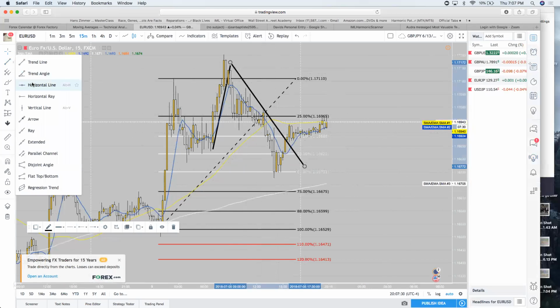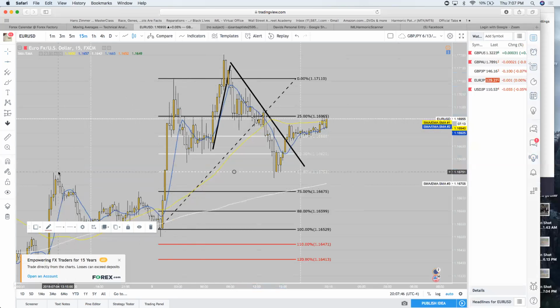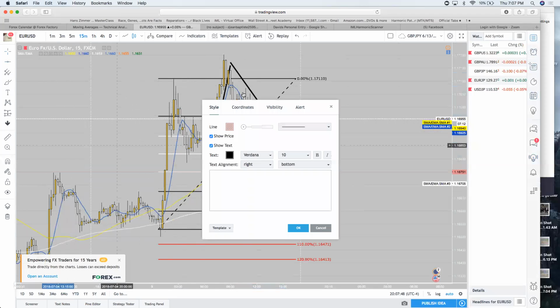All right. So now, if you want to use horizontal lines, these are the lines that you can use to mark up your support and your resistance. So this was once my resistance. So I'm gonna click it here. And once I click it over there, let's just change it to black real fast.